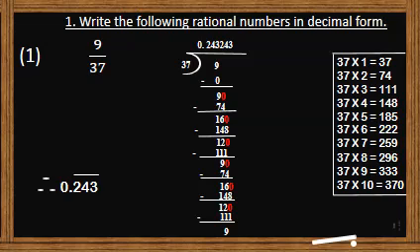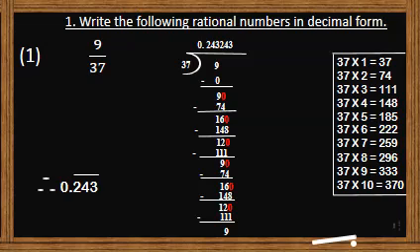After putting that point, after each number we will take 0. By subtracting we got 9, and after 9 we will write 0, so the number becomes 90.